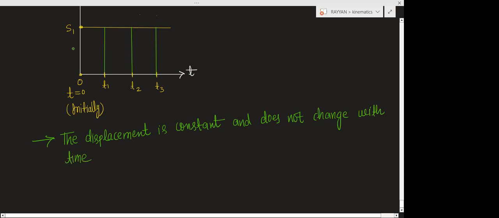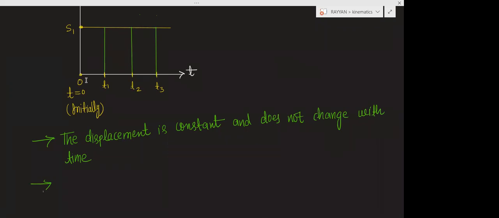So can we relate this example with a real life example? We can say that initially the body has performed some displacement. After that the body is at rest, because if the displacement is not changing with time, then the body will be at rest. Means after certain displacement the body is at rest.